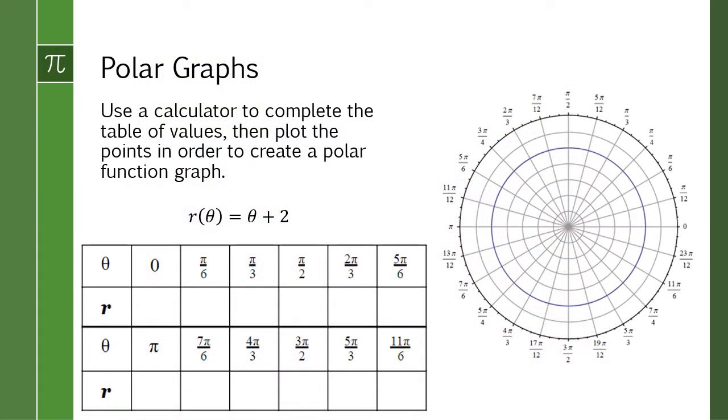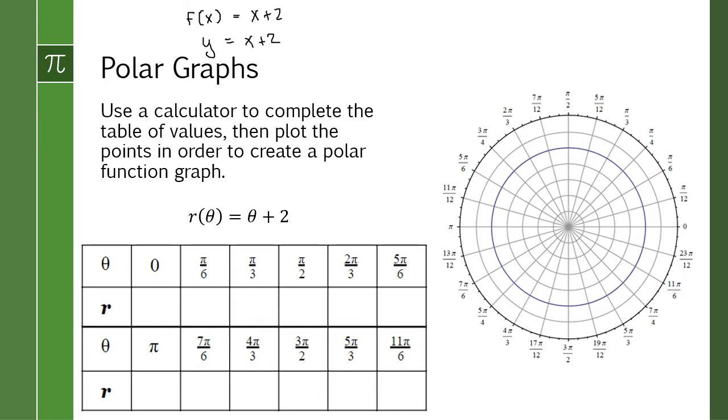First one, we have r written as a function of theta. So r of theta is equal to theta plus 2. So you might be familiar with an equation that looks something like f of x is equal to x plus 2, or y equals x plus 2. That would be a linear equation.